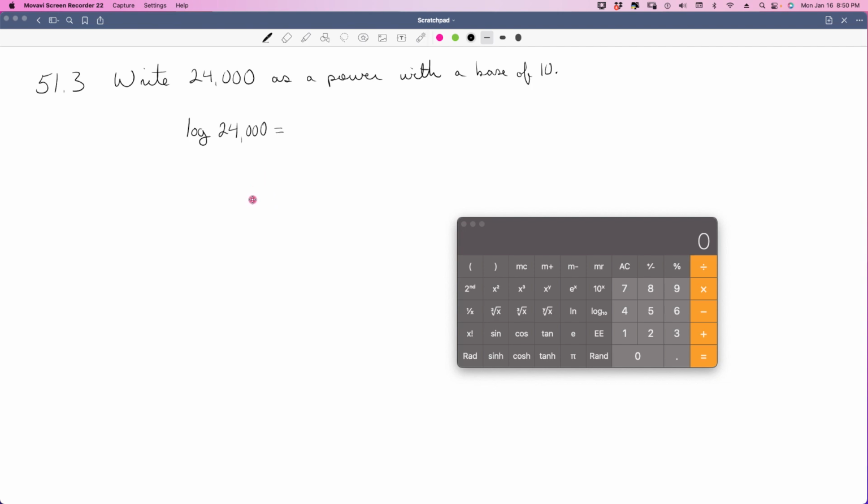All right, so 51.3 asks us to write 24,000 as a power with a base of 10. So we write the log, we understand the base of 10 is written there, but it's invisible, and our answer is going to be 24,000. So the way we would solve that on the calculator is type in 24,000, press the log 10 button, and this gives us our answer, and we're going to round it to 2 decimal places.